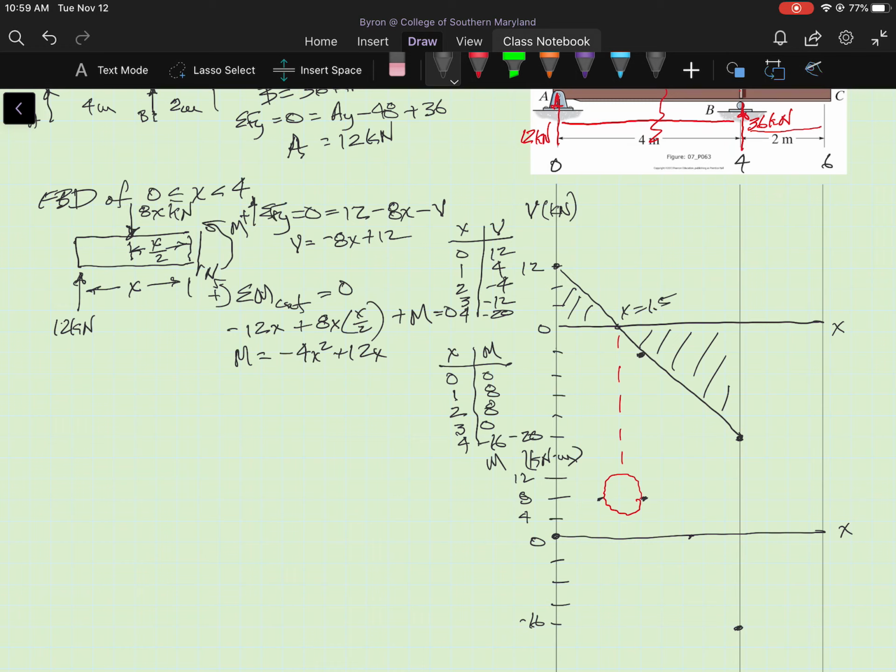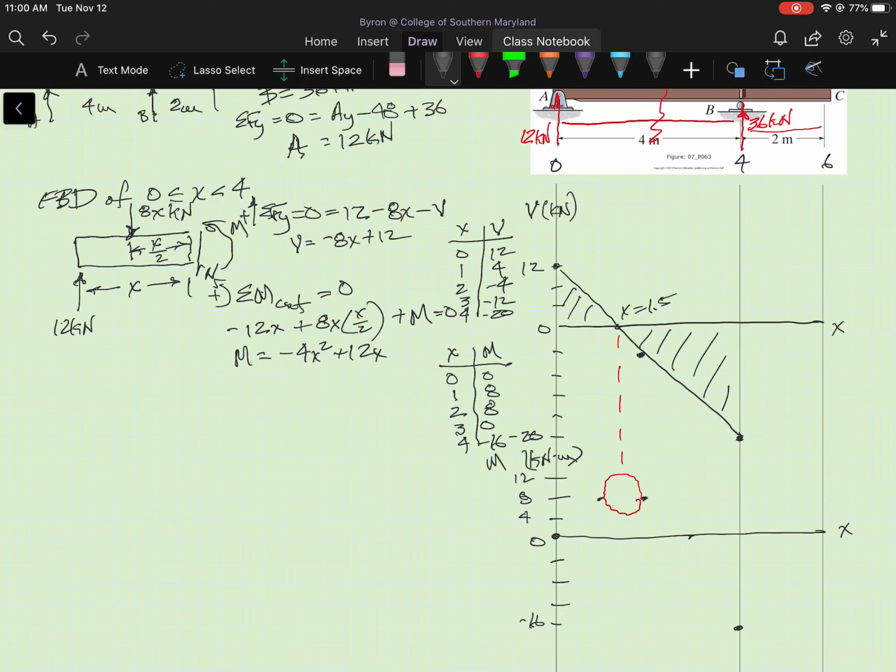1.5 squared times negative 4 and add that to 12 times 1.5, and I get 9.